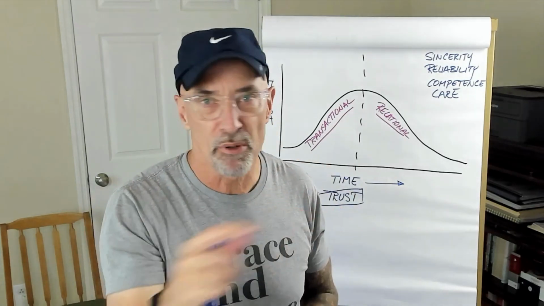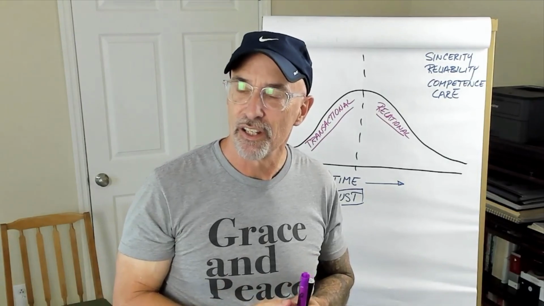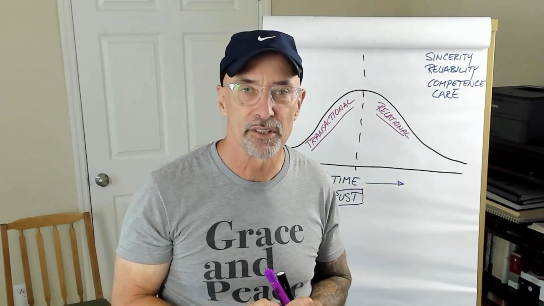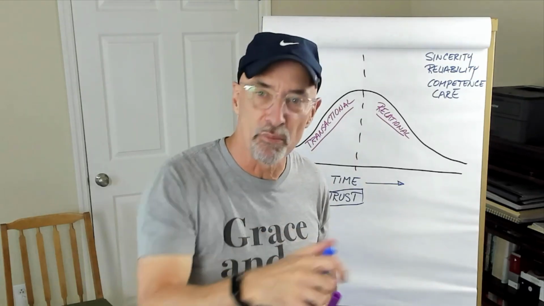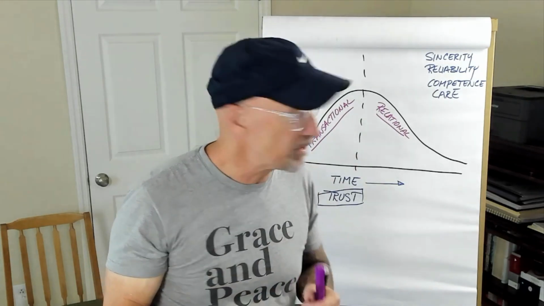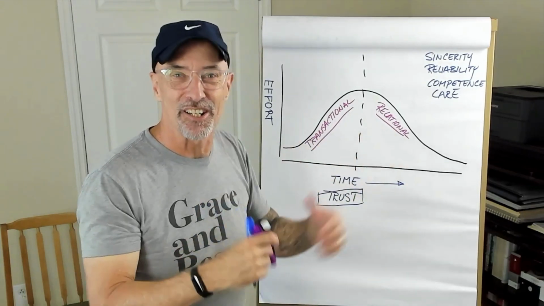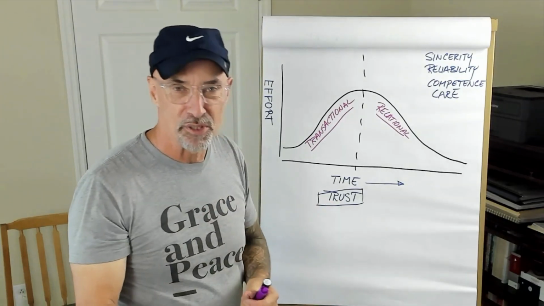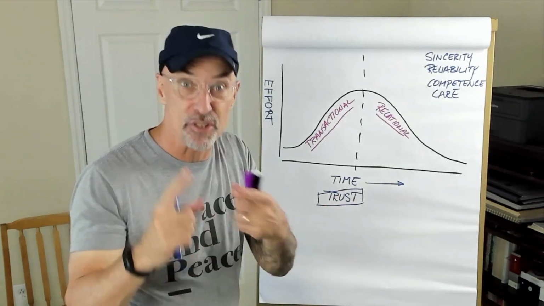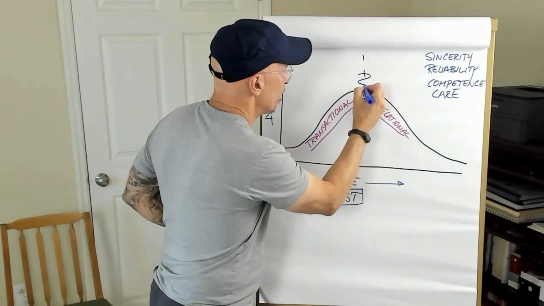It's different for each person, but it's that moment when you get, gosh, I can just be myself, and I'm accepted, and this person will back me up. And at that point, you got me, right? Our interactions are now based on what we need and how I can help you. You're looking at how you can help me, and I can trust that. So anyway, I don't know what to call this magic point.